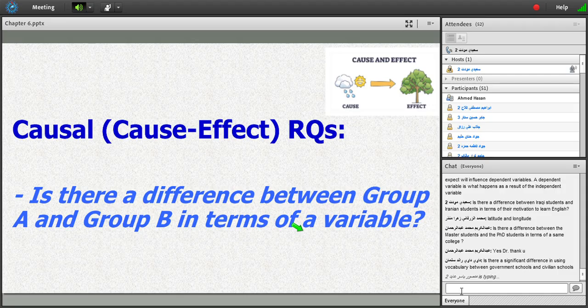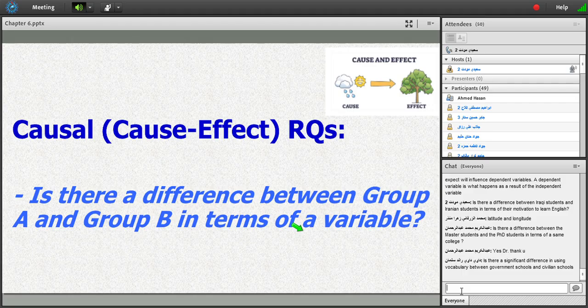Descriptive is about the frequency and relationship. Causal is about the difference and effect. Predictive is about prediction. So they are all quantitative, yes, because descriptive is one type of quantitative.